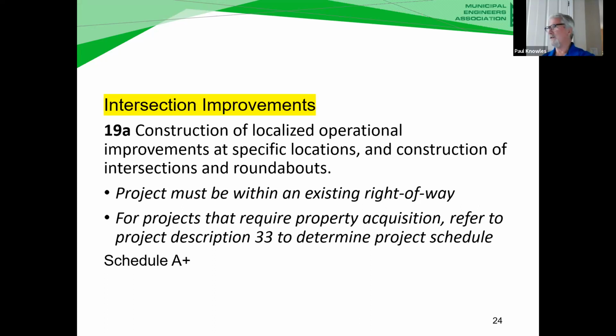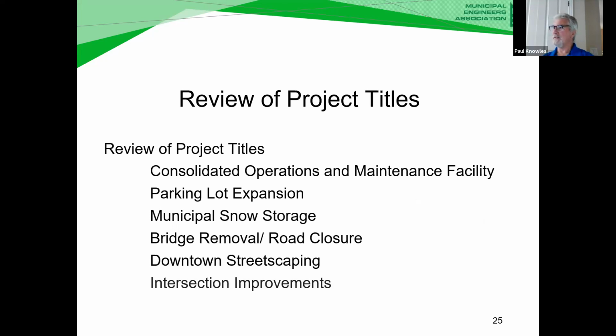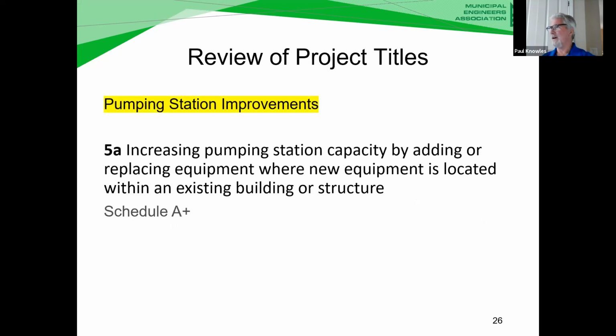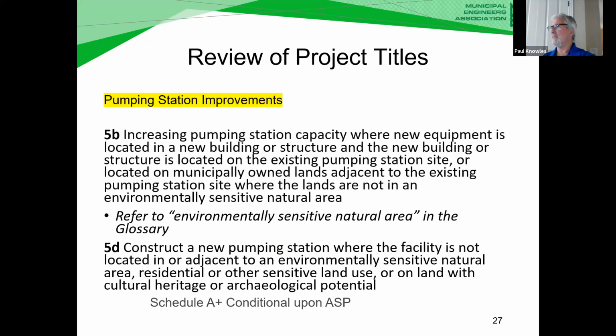You'd have to look into the detail of it. And the same applies for pumping stations. This is an area that changed, that a number of pumping stations could now be A plus instead of B or C, but not always, and you need to look into the detail.